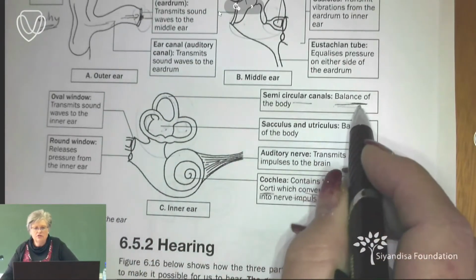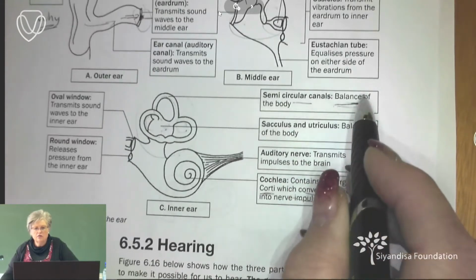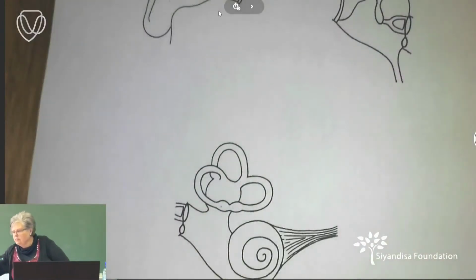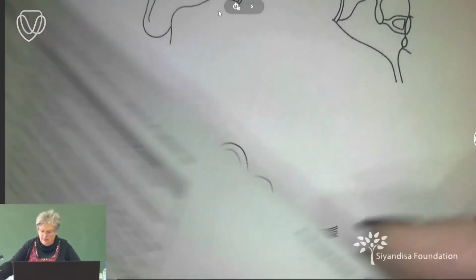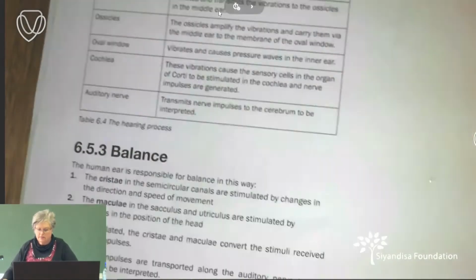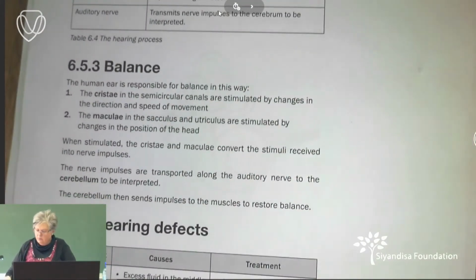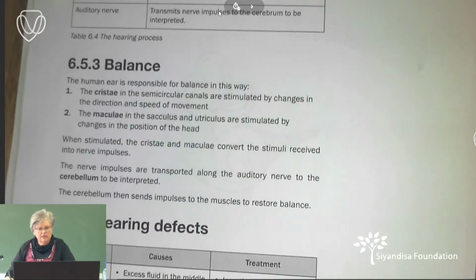Balance is one that is often asked as higher cognitive questions, so make sure that you understand that one. Okay? Very nicely summarized in here is also the hearing defect. Okay, what are the 2 hearing defects?